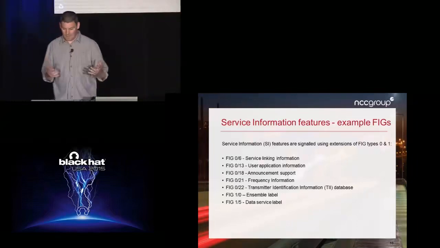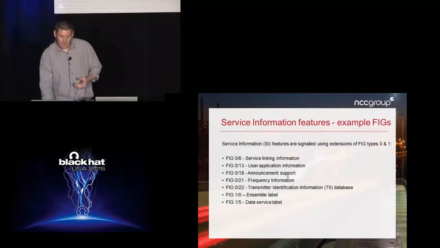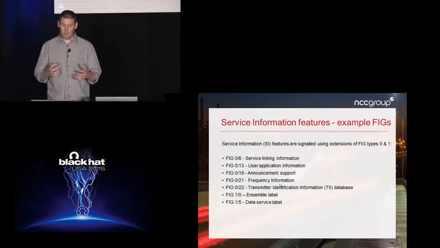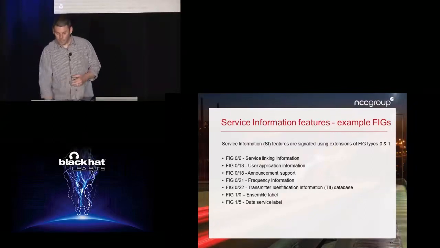So that's service linking. There's lots and lots of these, providing lots of different functionality within the underlying protocol. And as we'll see as we go on, some of them have the potential for introducing security vulnerabilities.